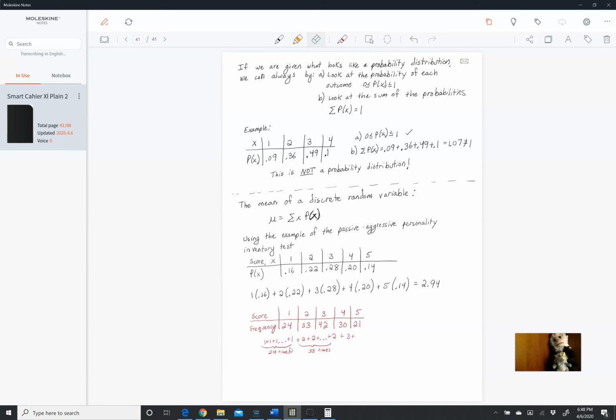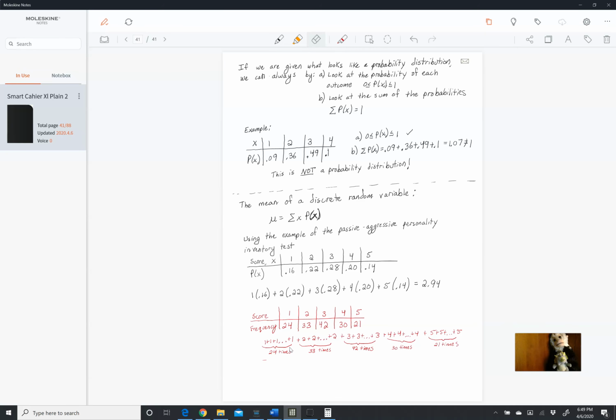And then 3 plus 3, 42 times. And then 4 plus 4. This dot dot dot just means that we just have more 4s. This is 30 times. And then plus 5, plus 5, and so forth. And this is happening 21 times.